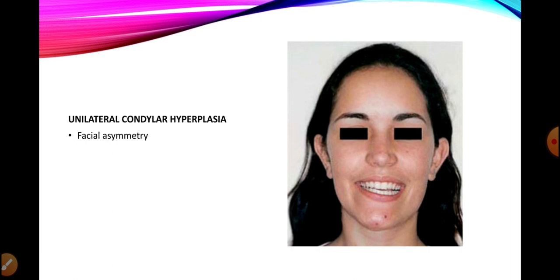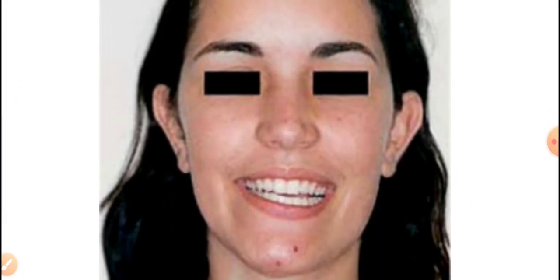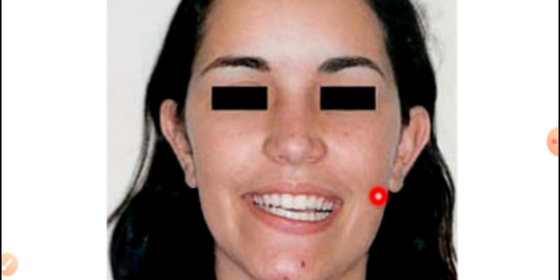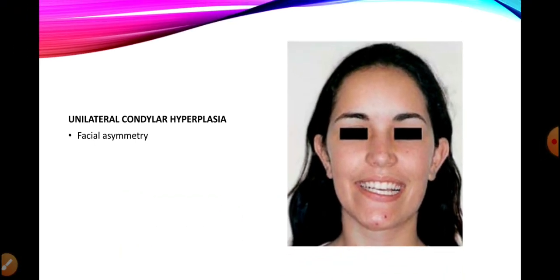The excessive growth of one condyle leads to facial asymmetry and hence the development of mostly unilateral posterior open bite. In these cases, if the problem is suspected, a bone scan is required, and according to the bone scan, the treatment plan is then executed. For example, according to the bone scan, you may go for condylectomy or other mandibular surgical procedures.